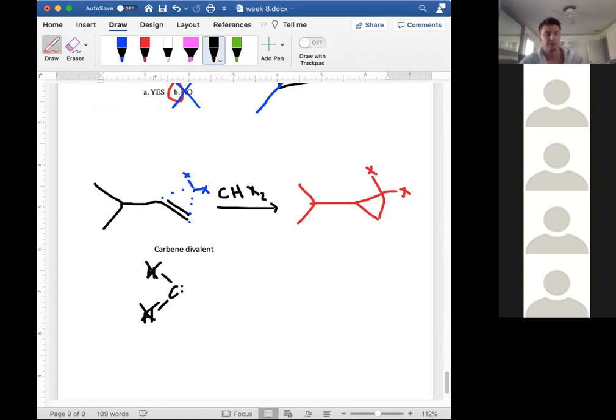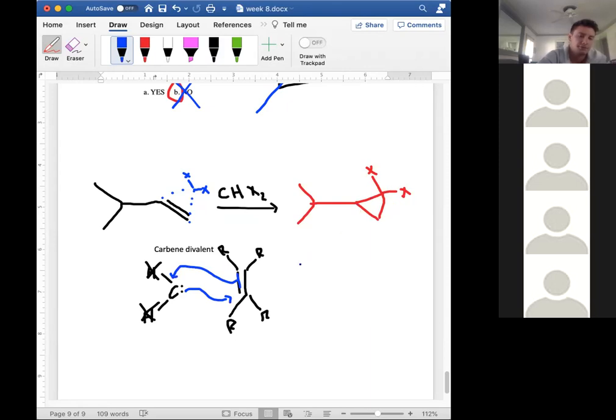So what happens is that you have your double bond, and this is what occurs. This lone pair comes and attacks, and this lone pair attacks that hydrogen. That's how you get this creation here.